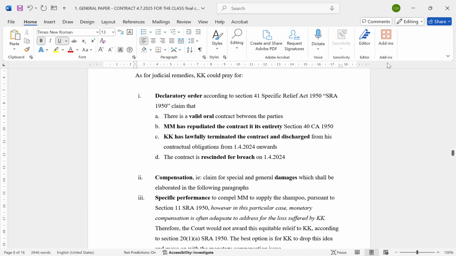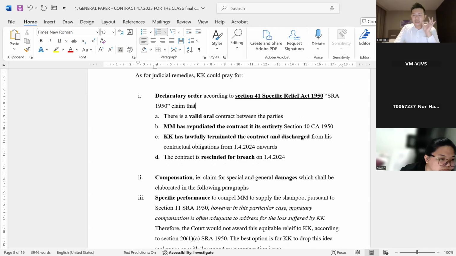Okay, first thing, KK could pray for a declaratory order under Section 41 of the Specific Relief Act. For what? Because now it is in contention whether the contract really exists, whether the court wants to recognize there is an oral contract between KK and MM.